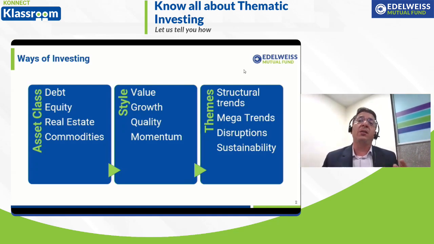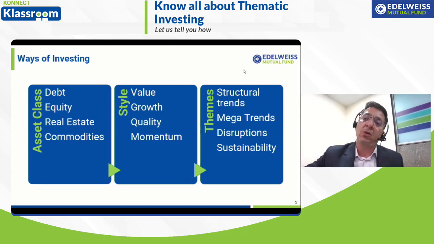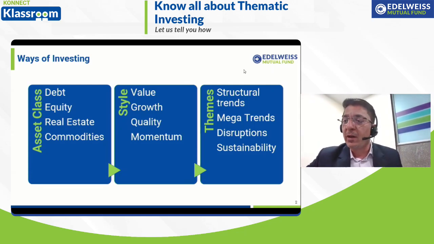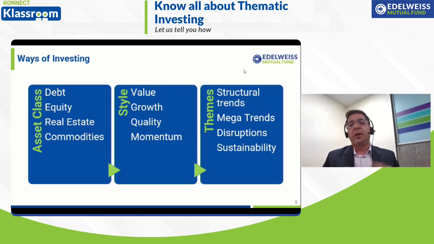So these are companies which are looking at reducing, let's say, their carbon footprint. They are looking at how our environments can become a little better for the future. So they are looking at not only growing their businesses, but they are also looking at how we can create a better sustainable future.